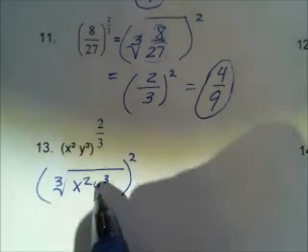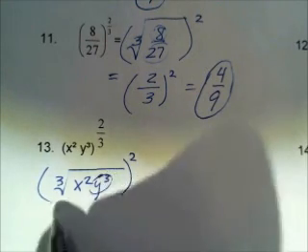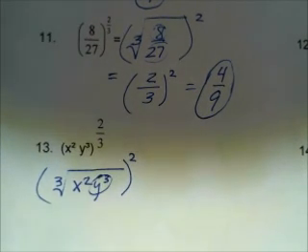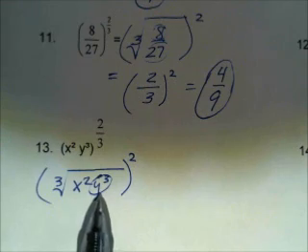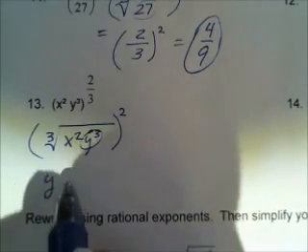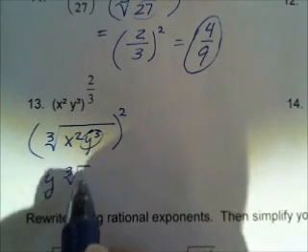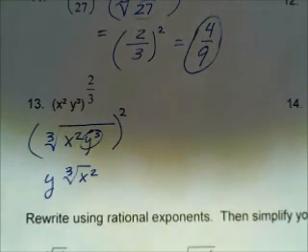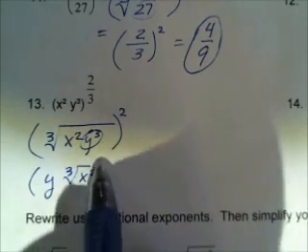Now the only part that is a perfect cube root is y to the third. The cube root of y to the third is y. So y comes out, the cube root of x squared stays, and then we have to square that result.